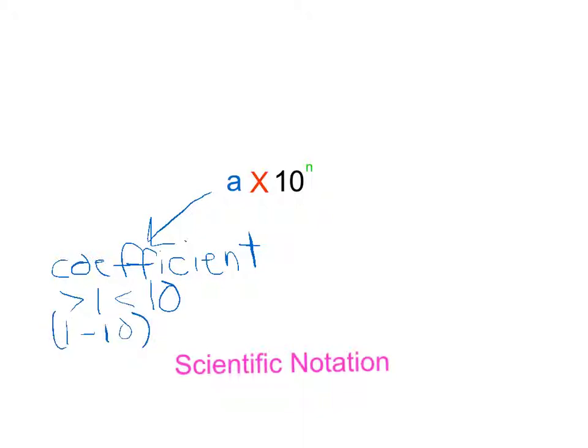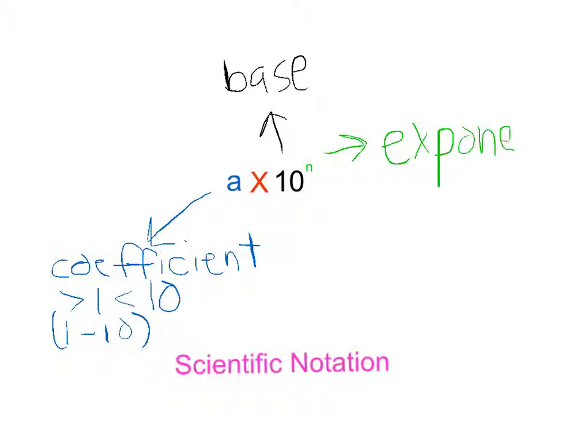The 10, just like with our place value system, is our base. And the n right there is an exponent. You might also hear it called an integer exponent, and the exponents can be positive or negative, depending on the size of the number.